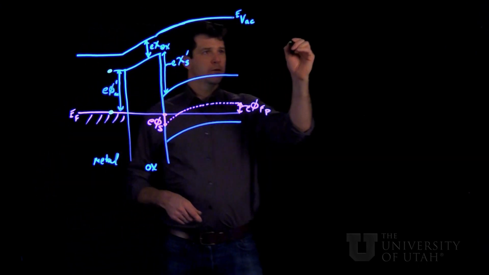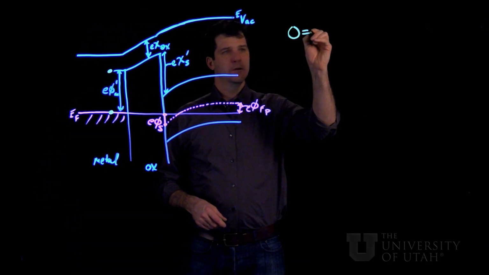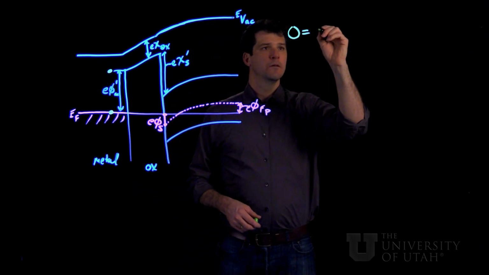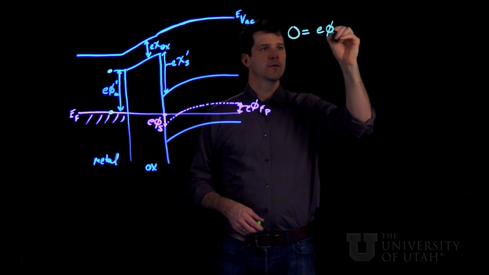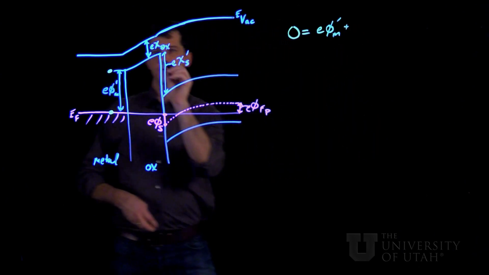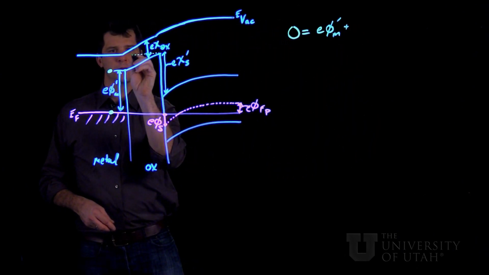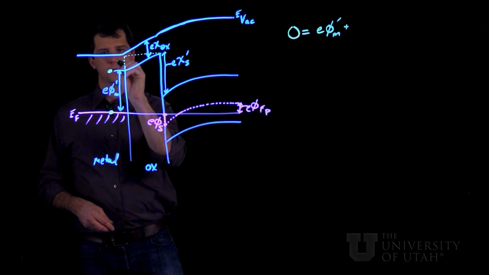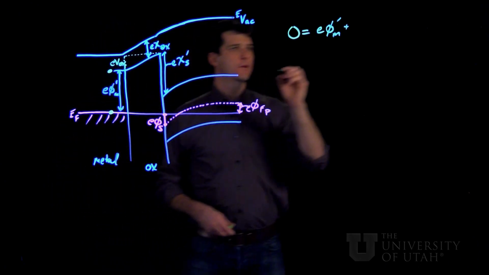So we start at the Fermi level, and we're going to say 0 equals E phi metal prime plus the amount of voltage that's dropped across the oxide.